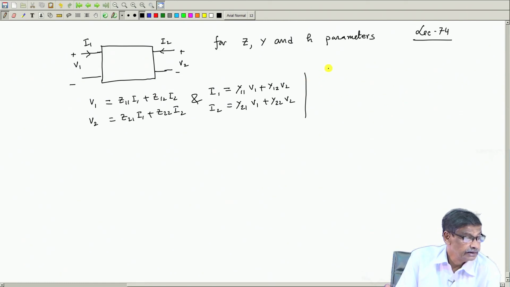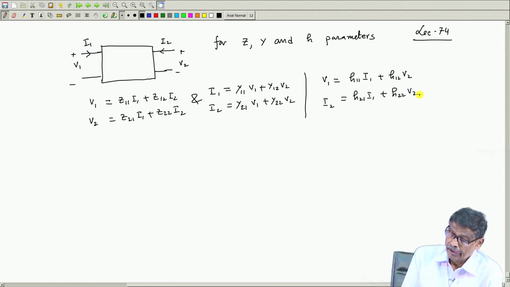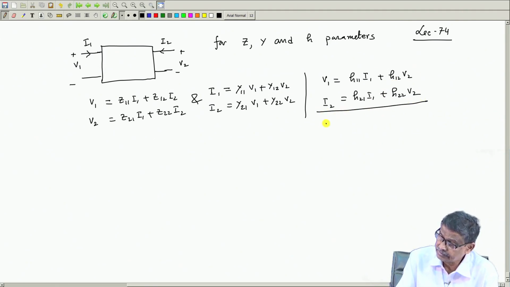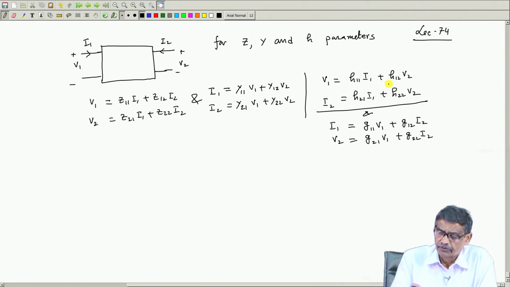V1 equals H11 I1 plus H12 V2, and I2 equals H21 I1 plus H22 V2. Similarly, I1 and V2 can be expressed as G parameters: I1 equals G11 V1 plus G12 I2, and V2 equals G21 V1 plus G22 I2. If the inverse exists, G will also exist for this H matrix, similarly for the Z and Y matrix.